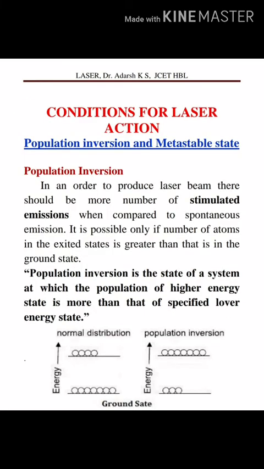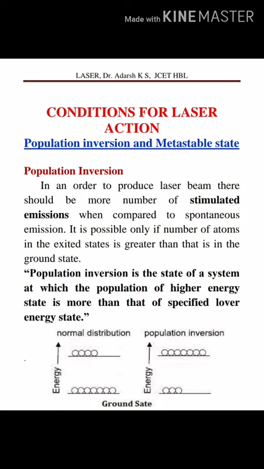Condition for laser action. There are two conditions: one is population inversion and another one is a metastable state. We already know the acronym for laser is light amplification by stimulated emission of radiation. Now we are discussing population inversion.